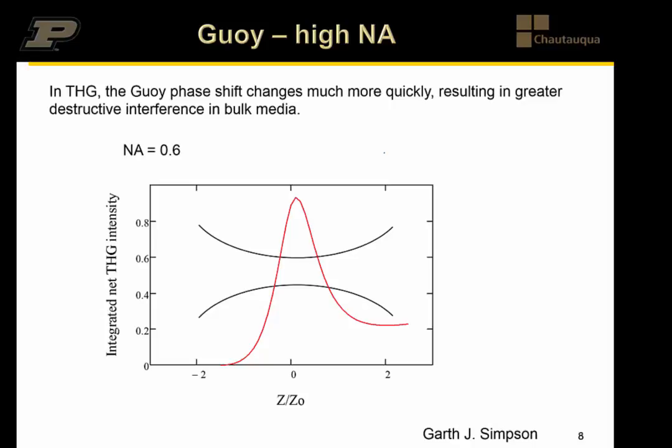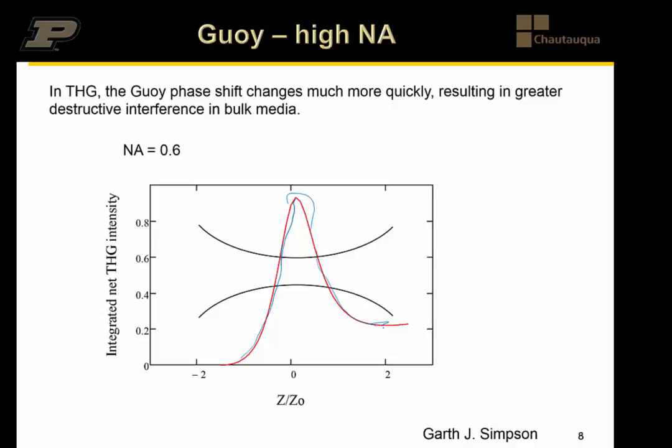So if we've got, for example, a system that has, considering third harmonic generation as something transits the focal volume, we get addition, but because in THG there's a faster phase walk-off than in second harmonic generation, we really do get this sort of turnover and reduction, this interference.